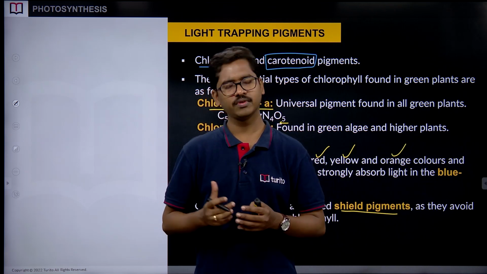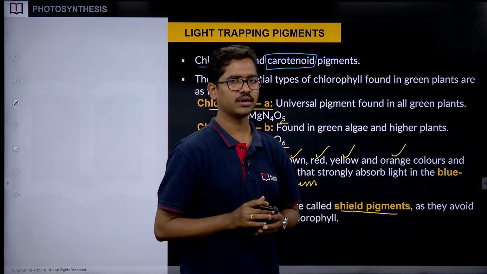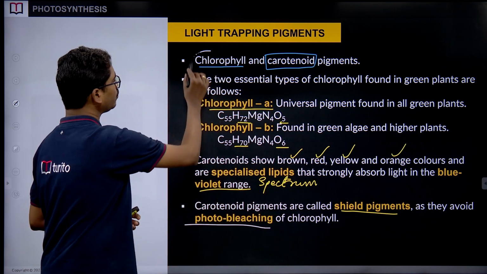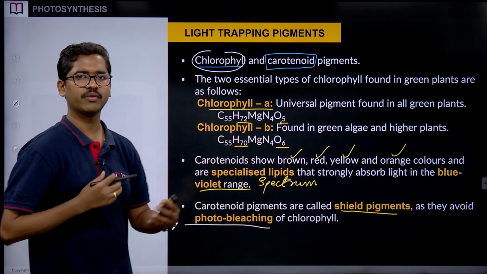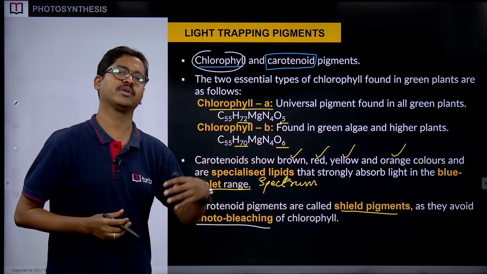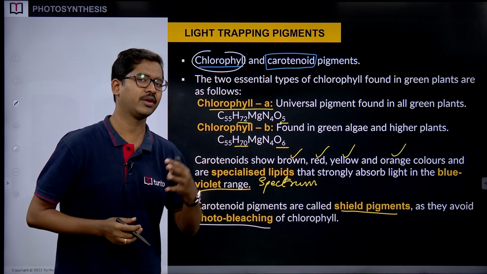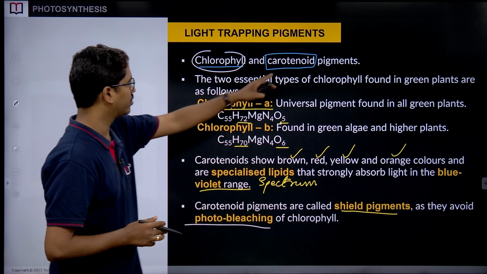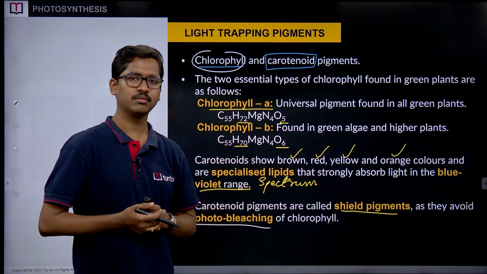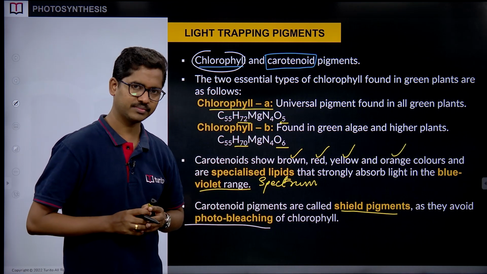Even in plants, consider the chlorophyll as the main power source, which comes from the electricity board. Let us think like that, it is an analogy, and consider the carotenoid being the generator or the battery backup.